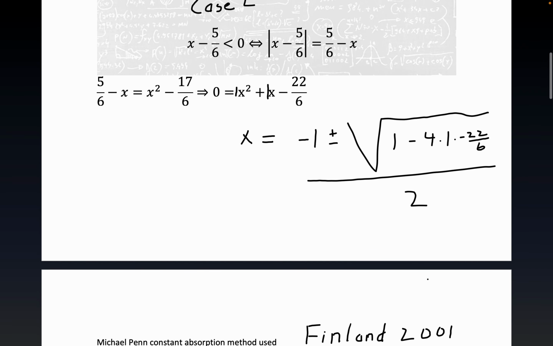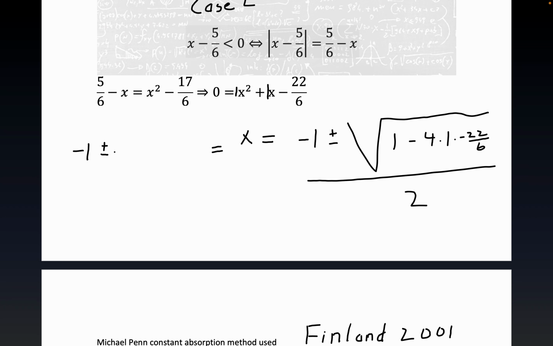Now let's see, what do we got here? Let's come back over here, folks. This would be the very same thing as x equals negative 1 plus or minus.